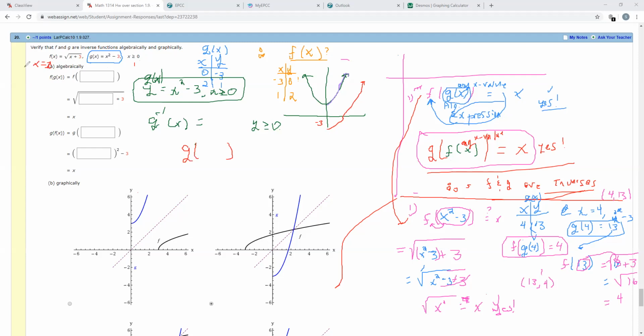Well, for any x value into f, instead of putting a 1 or a 0 or a 2, we're going to put any x. That just means you leave the letter x. It represents any numerical value x. And so we will get the square root of x plus 3.